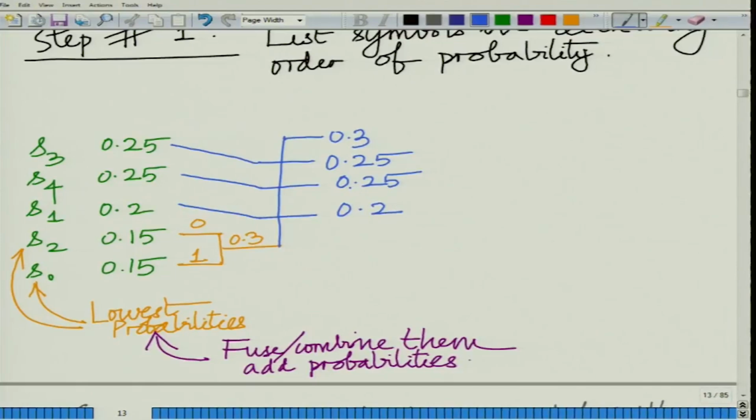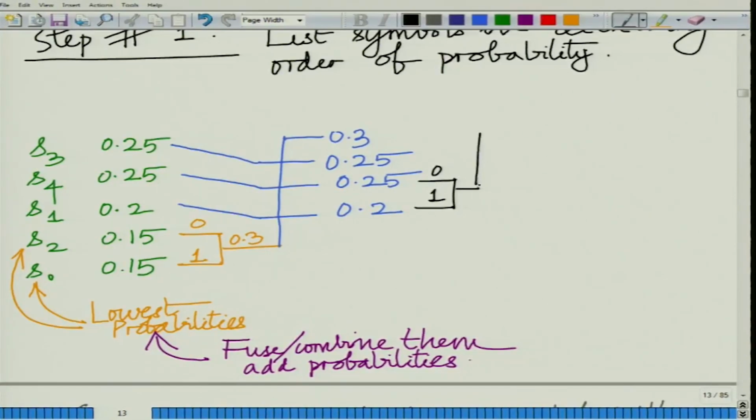Now the lowest probability symbols are S1 with probability 0.2 and S4 with probability 0.25. Well, you can either choose S4 or S3, it does not matter, both have probability 0.25. So now you fuse S1 and S4, assign 0 to one branch, 1 to another branch, and it becomes 0.45 the net probability.